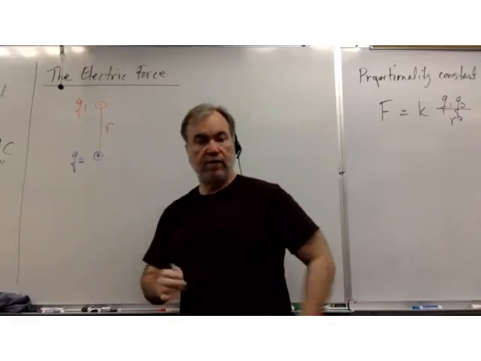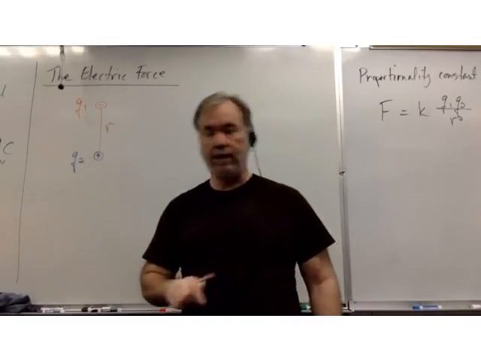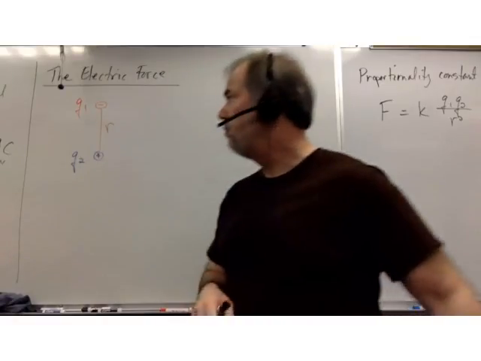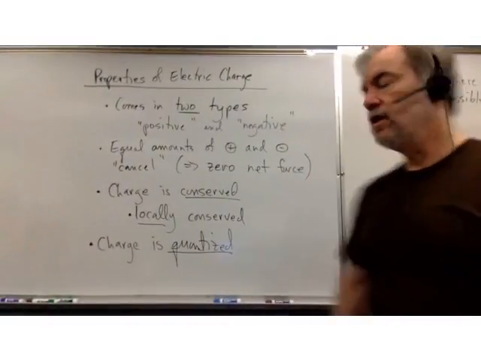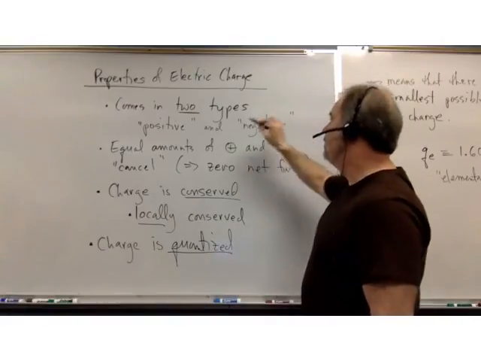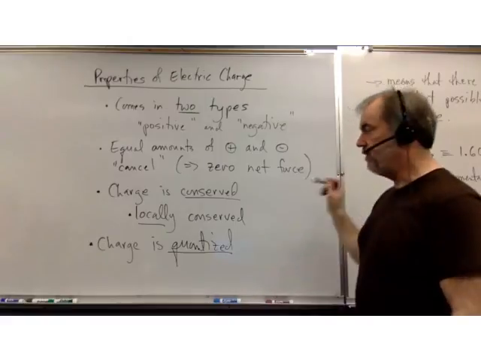There's one more property of electric charge that I mentioned but didn't make absolutely definitive, so let me do that now. I was talking earlier about properties of charges, and I mentioned in the previous recording that there are two types of charge, and that they cancel in the sense that the forces they create cancel.